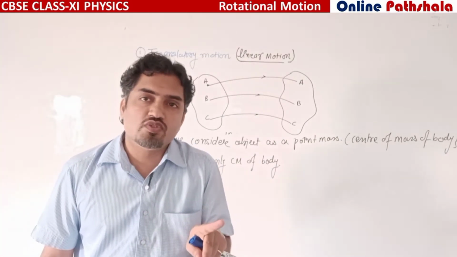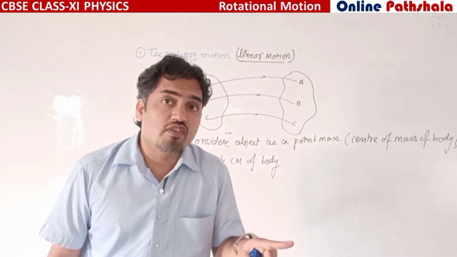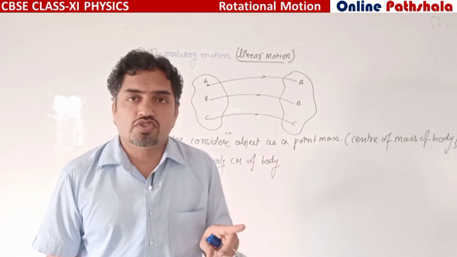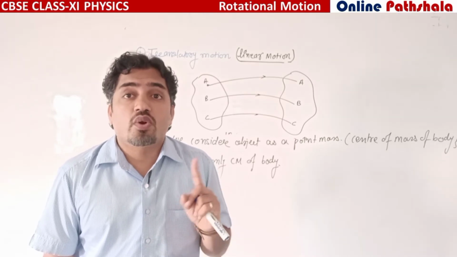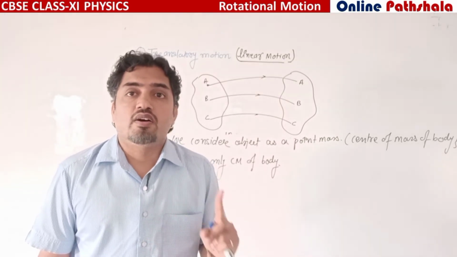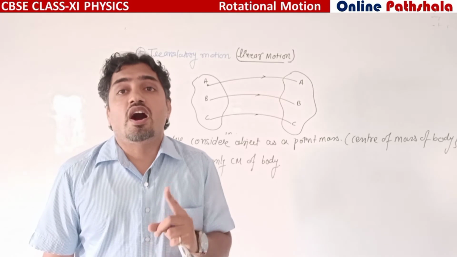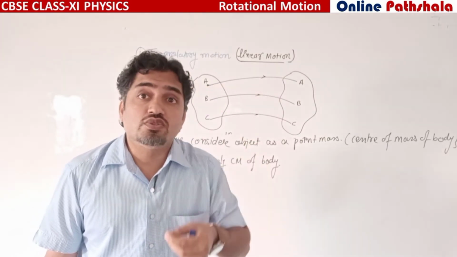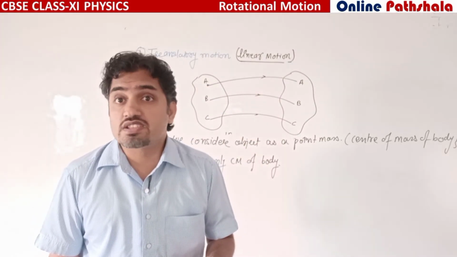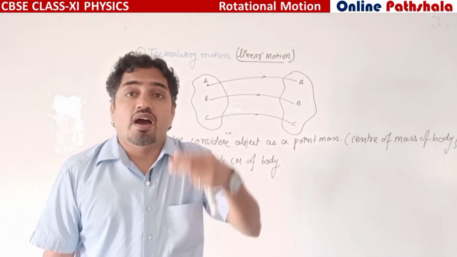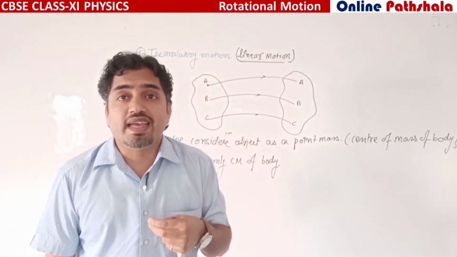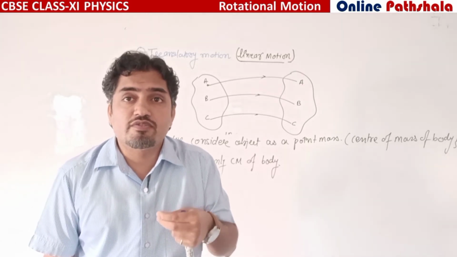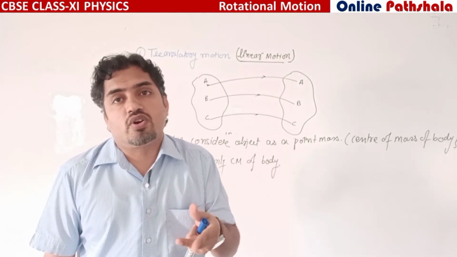One is translatory motion. If the center of mass is moving in the body, it is translatory motion. If the center of mass is not moving and the body is rotating about any axis passing through the center of mass, because the axis is not moving, it is called rotational motion.